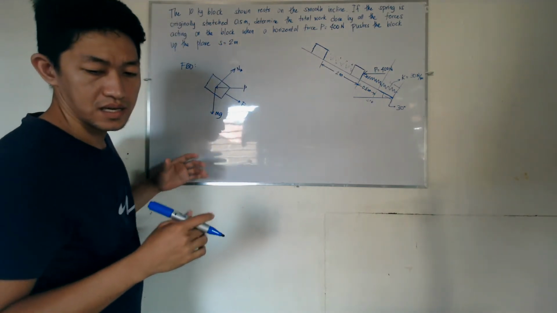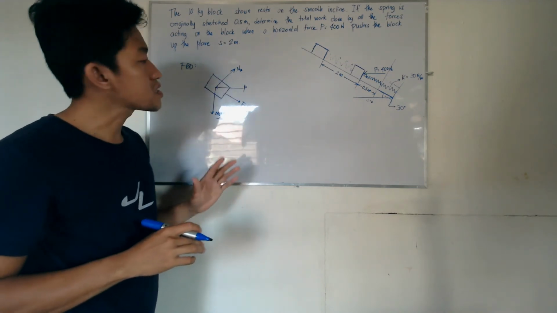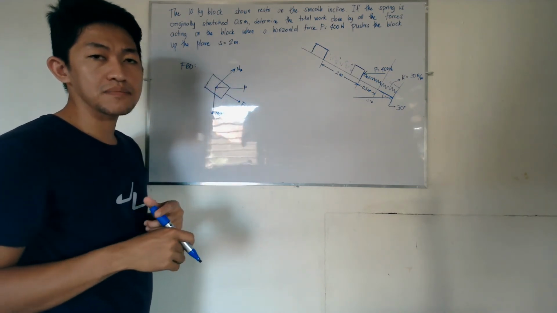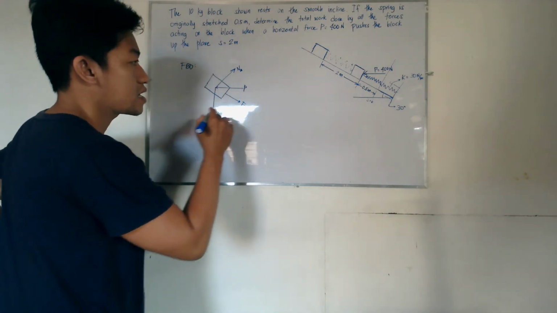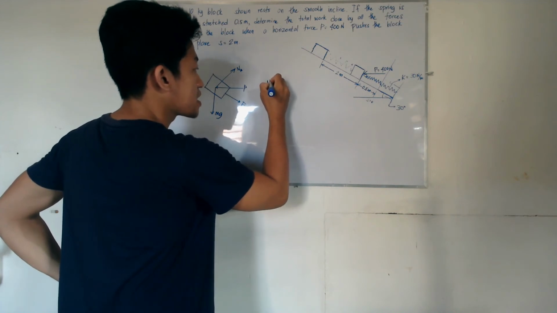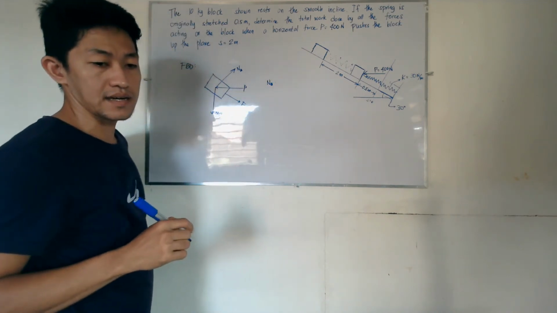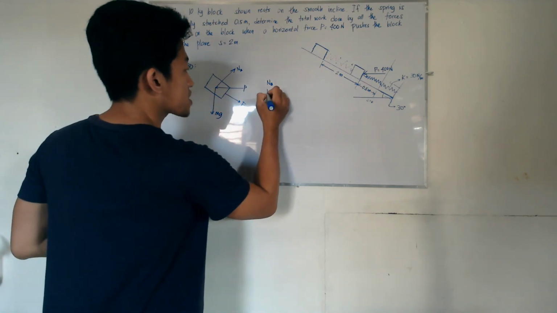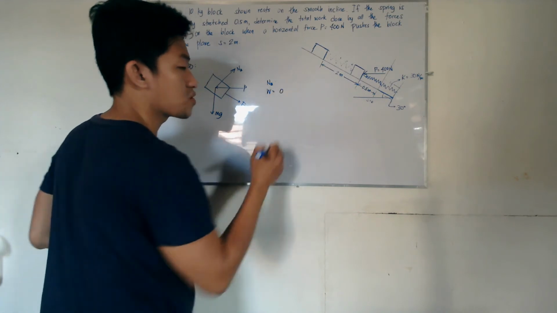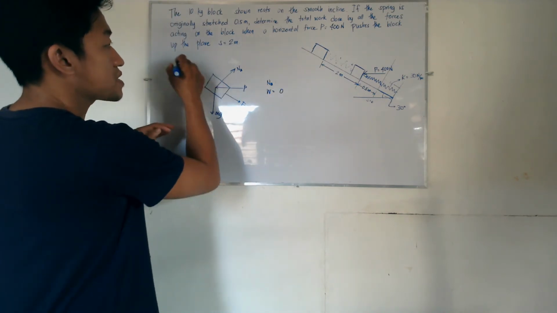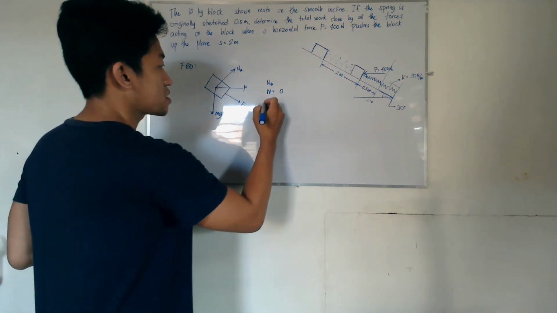If we get all the work done by all these four forces and sum it up, we can get the total work. For NB, or the normal component, the work is just 0. Why? Because your normal is perpendicular to your motion.